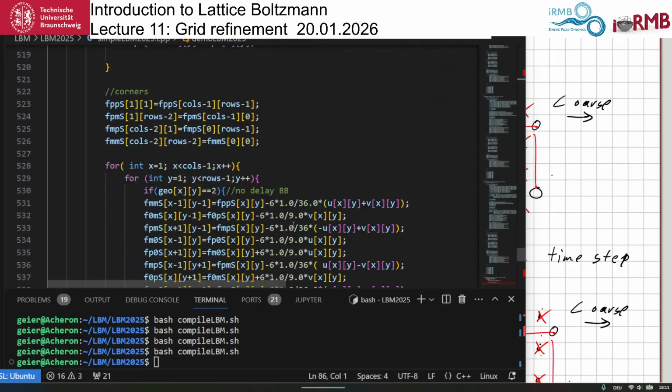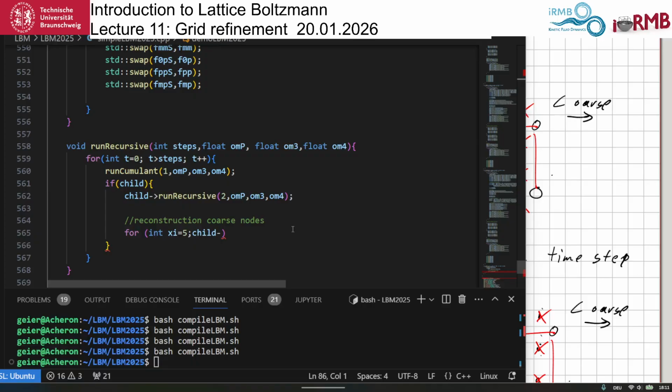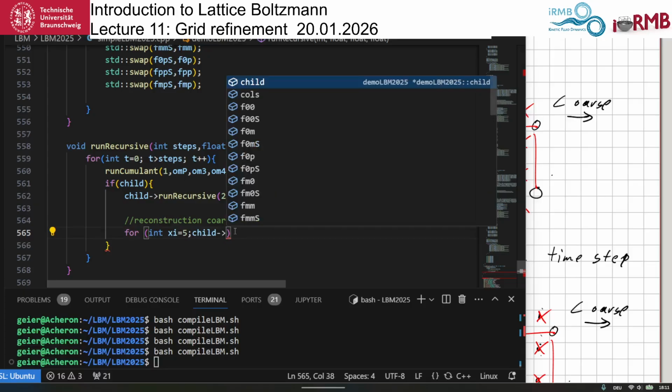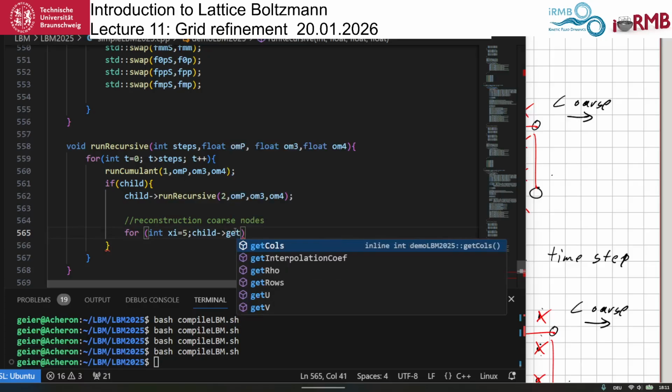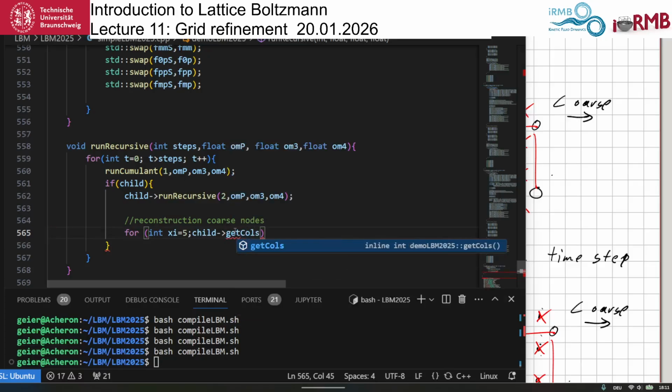Don't ever write code like this. So the child, get cols. xi is smaller than minus 5, right?